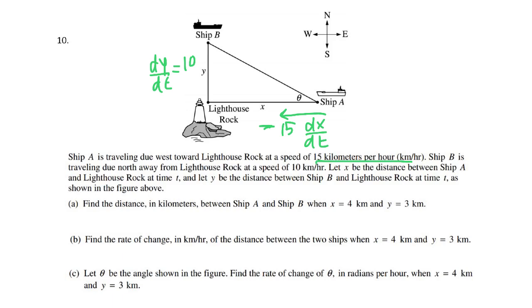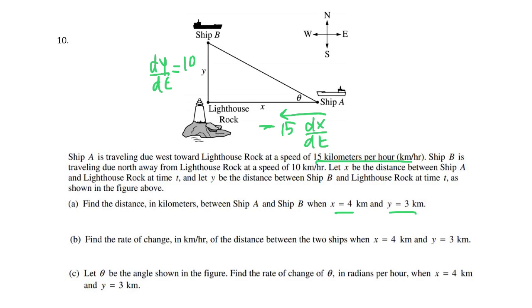For part A, it wants us to find the distance in kilometers between ship A and ship B when x is 4 kilometers and y is 3 kilometers. We know this is going to be a 3, 4, 5 right triangle, but we do need to show our Pythagorean theorem.